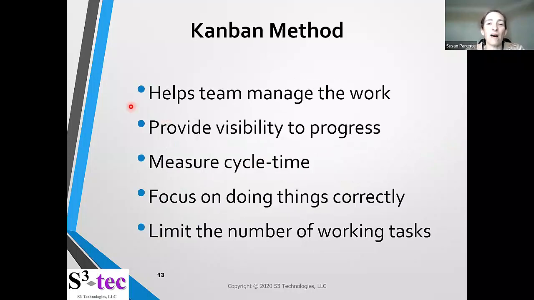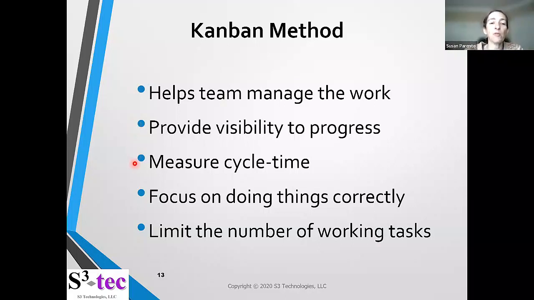The Kanban method helps teams manage their work. It also helps individuals manage their work, which is how I'm going to show you how I use it. It provides visibility to progress, not just for yourself, but for stakeholders. They can look at your Kanban board, see where you're at, what your progress is, what you've done, and what you have left to do.